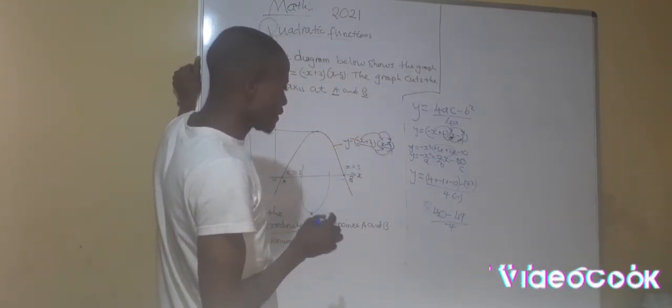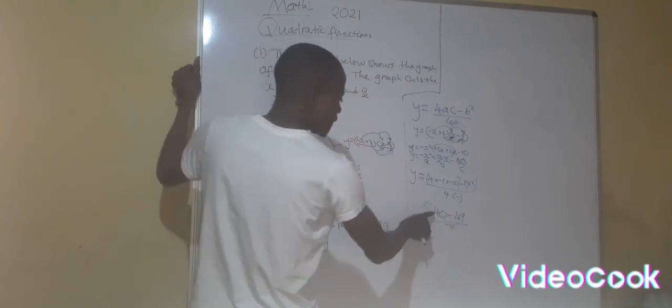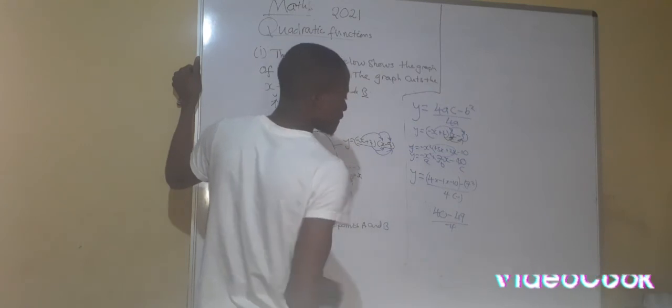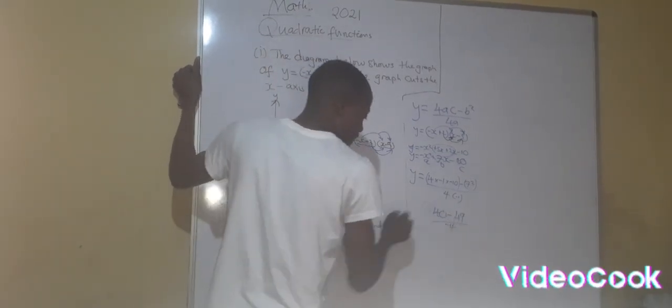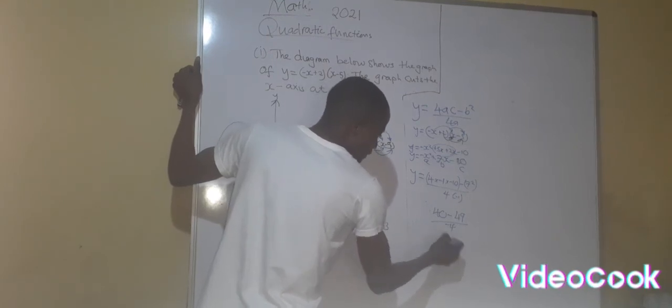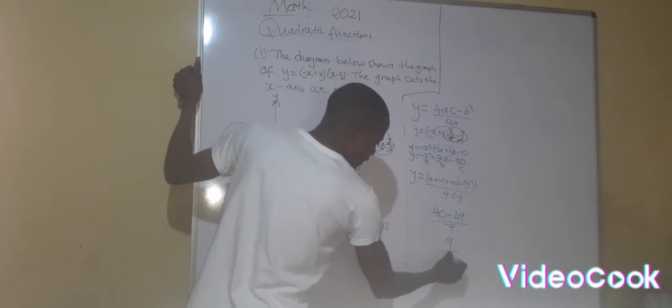Then you subtract on top: 40 minus 49. Different signs, so subtract and take the sign of the bigger number. The bigger number is 49, so 49 minus 40 gives 9, and the sign should be negative. So negative 9 over negative 4.